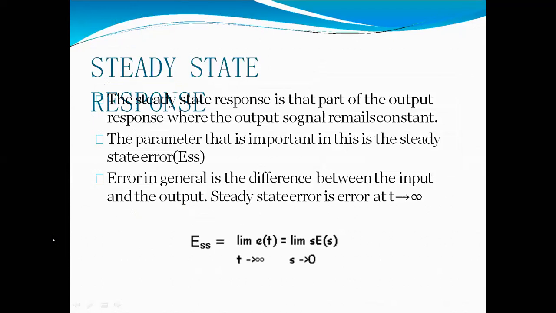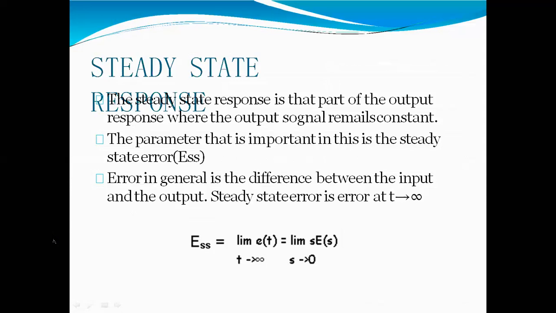Then once you understand the concept of these 4 to 5 signals, you know what is transient response and what you mean by the steady state response. After studying the transient response, we go for steady state response. From the figure, the steady state response can be defined as the part of the output response where the output signal remains constant.